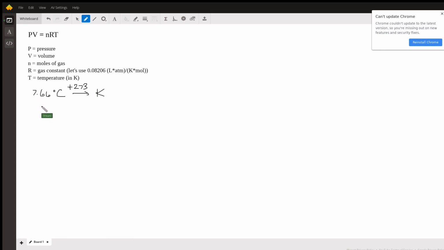So it would be 7.66 plus 273, and we get 280.66 Kelvin.